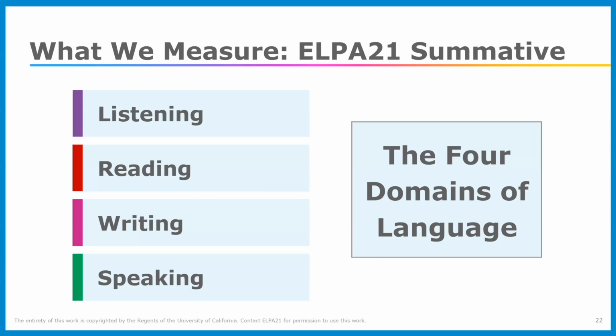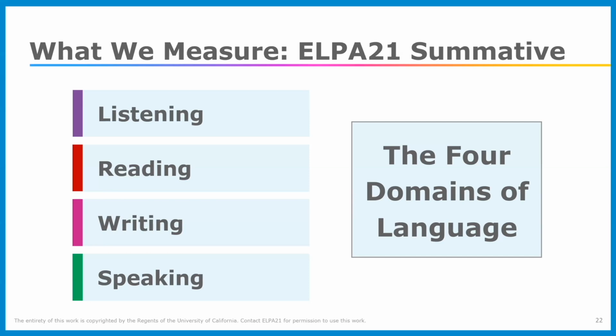ELPA21's assessments are constructed to measure the language in all 4 domains of English, the language of rigorous academic standards and content instruction. Students need grade level language in all 4 domains, or the domains they are not exempted from, to engage with instruction and interact with their peers. Being strong in one domain does not fully compensate for being below grade level in another domain.